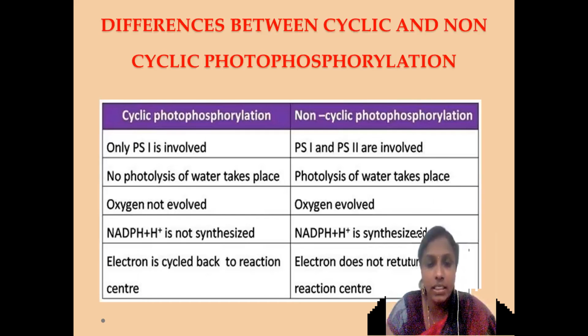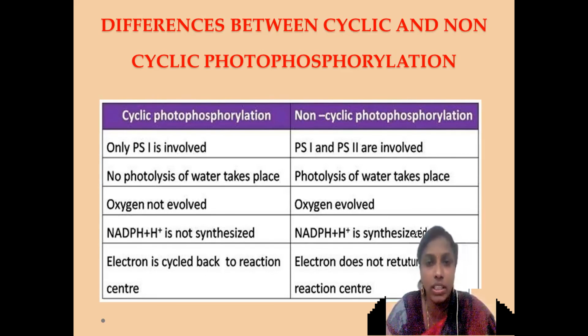Let us see the differences between cyclic and non-cyclic photophosphorylation. In the cyclic photophosphorylation, only photosystem 1 is involved and no photolysis takes place, oxygen is not evolved in this reaction, NADPH will not be synthesized, and the electron will be recycled here.